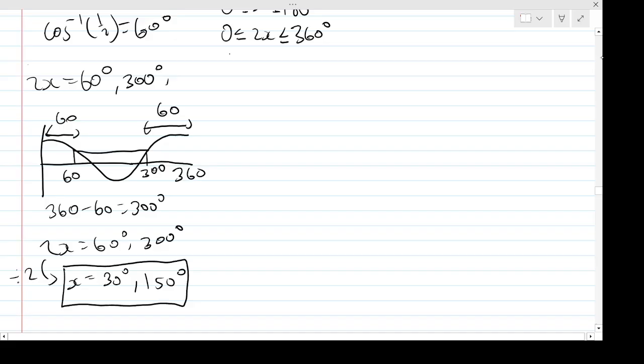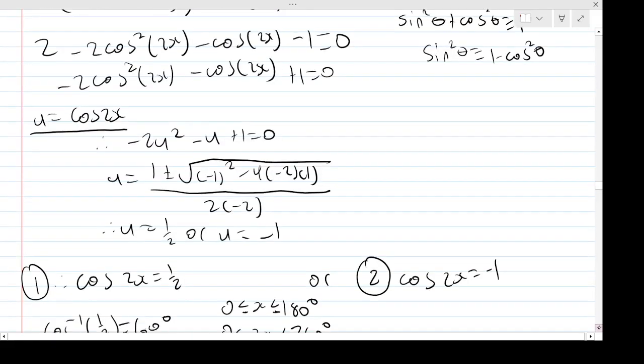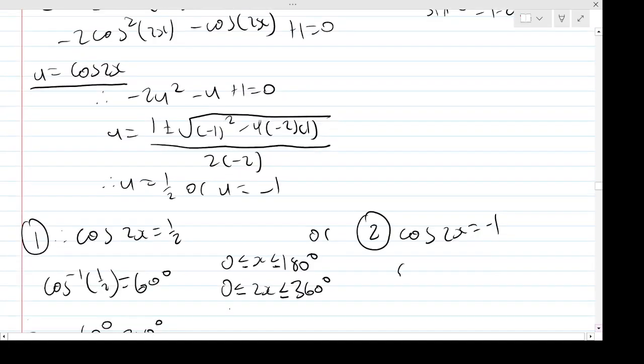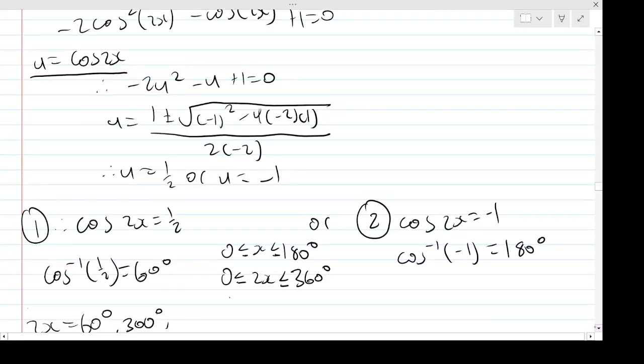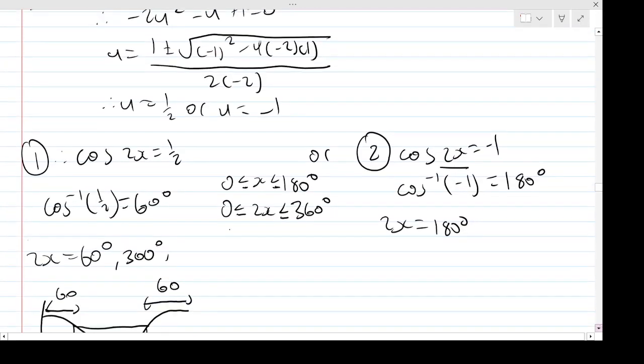Cool. Okay, now we're going to solve this equation. So cos of 2x is minus 1. So again, let's do inverse cos to get me 180. So my first solution for the angle 2x is going to be 180. To spot the next solution, let's consider the cos graph.